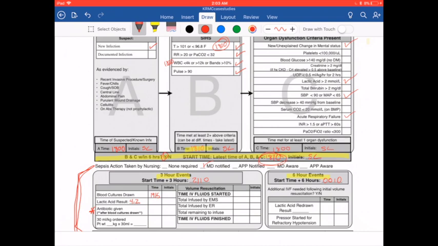So just something important to remember. So we'll say the lactic acid result was at 1915. And we'll say we started our antibiotic at 1930 because, again, pharmacy is also rushing super fast.